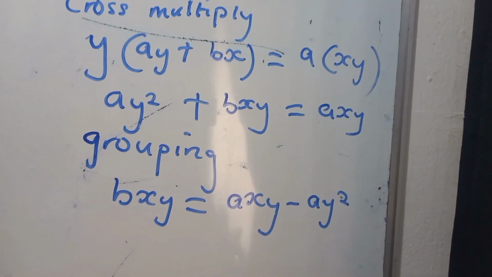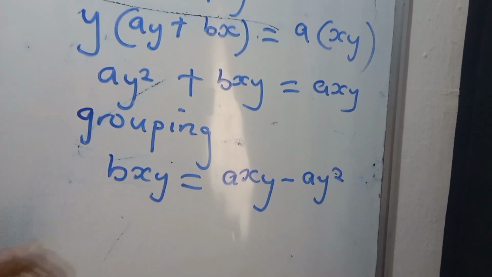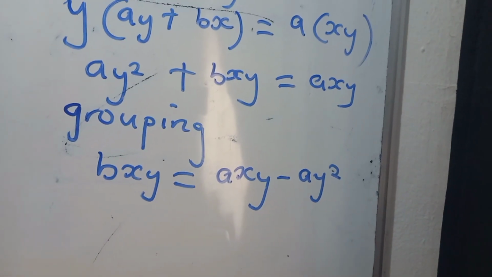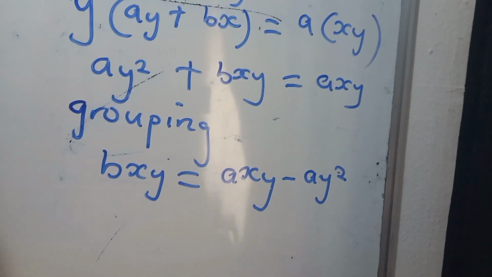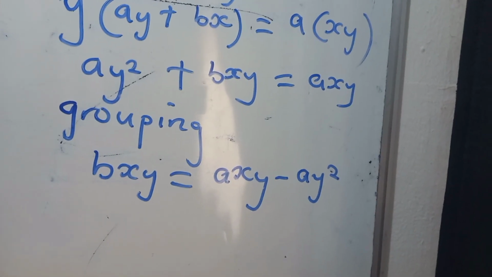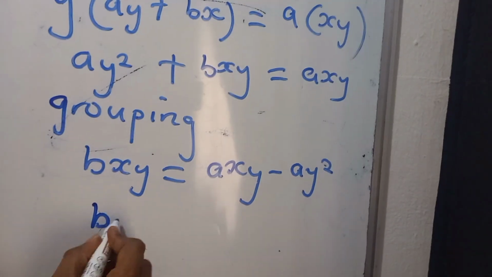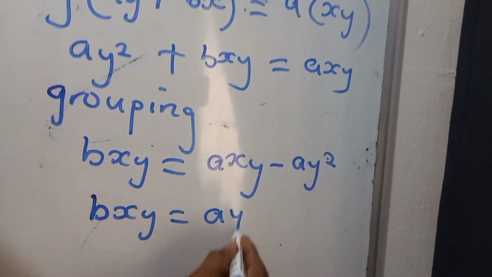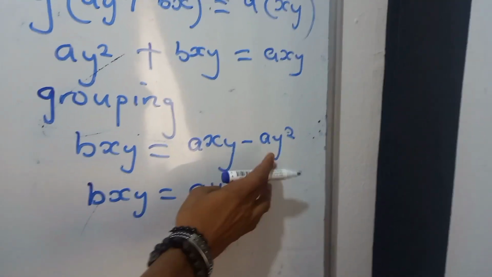The next thing to do is to look for what is common between both of them. What is common between axy and minus ay squared? A and y are common. Since we know what is common there, it's very easy to navigate. Which means that bxy equals ay.